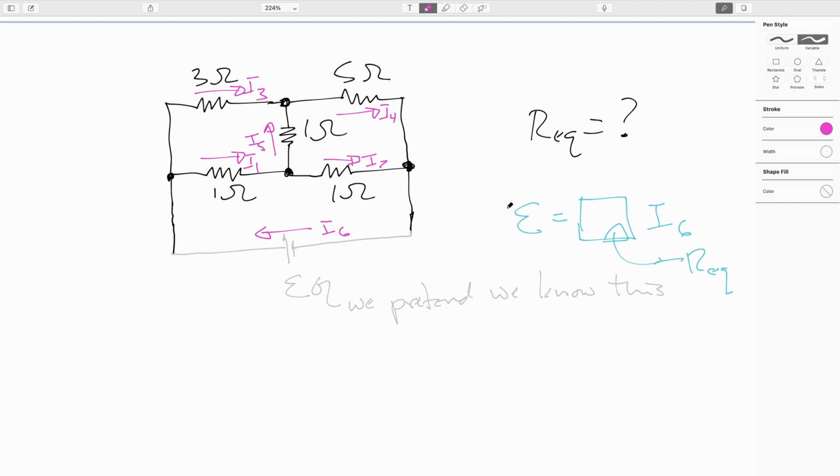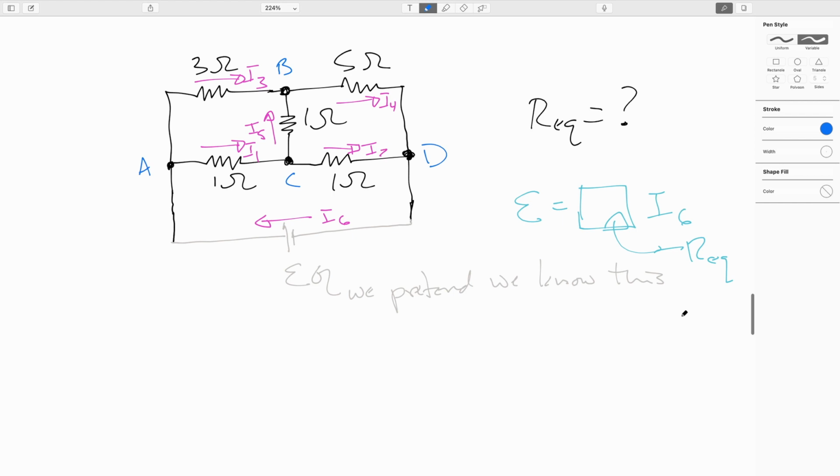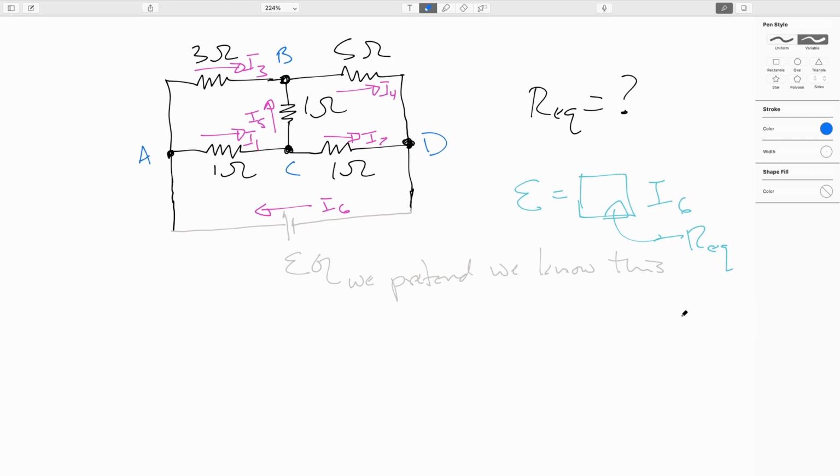I've got no idea. Since we've got more than two nodes here, let's label nodes. I'll call this node A, node B, node C, node D. Since we've got 4 node equations, that means we can write 3 of them.